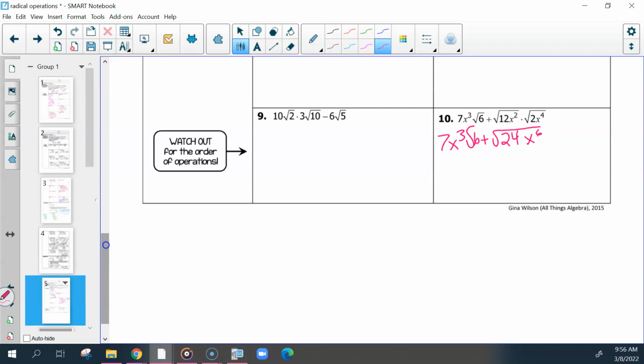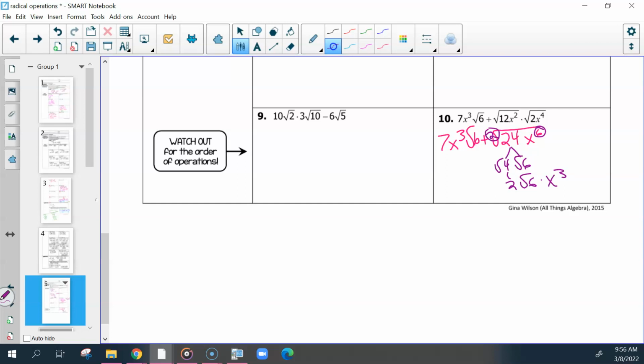Then we would need to simplify that. What is the highest perfect square that goes into 24? 4, and then 6. So this would be 2 times the square root of 6. 2 goes into 6 how many times? 3.